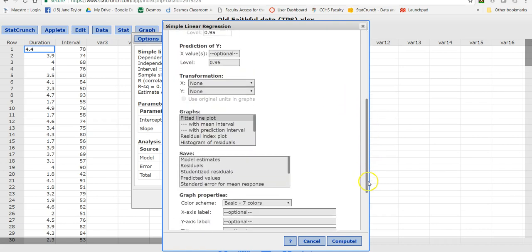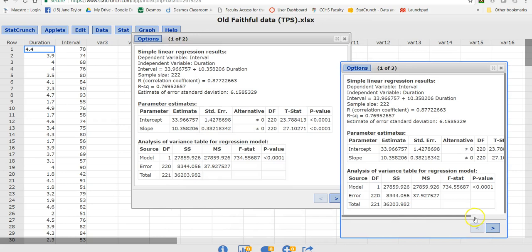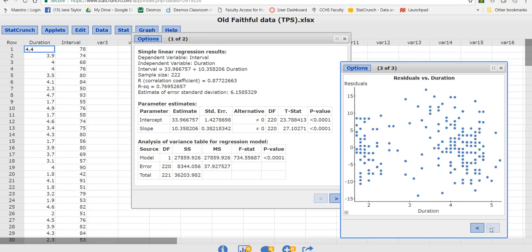When I went down to here, I did fitted line plot, but I forgot to hold control. Select more than one by doing control click or shift click. So when I did residuals versus x values, I needed to hold down control so I would get both of those graphs. So here we go again. So now we'll see our results and two graphs. There's our scatter plot with a line through it, and there's our residual plot.